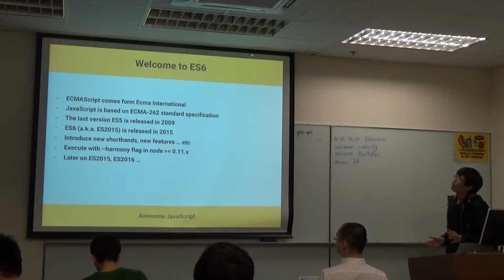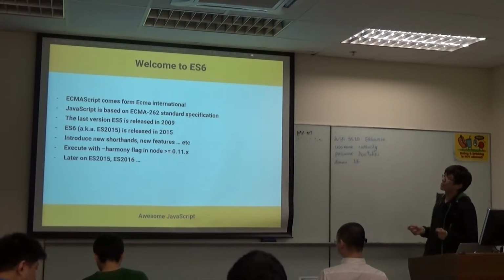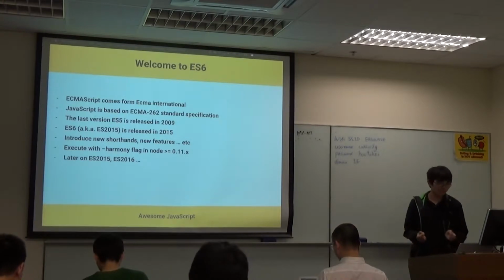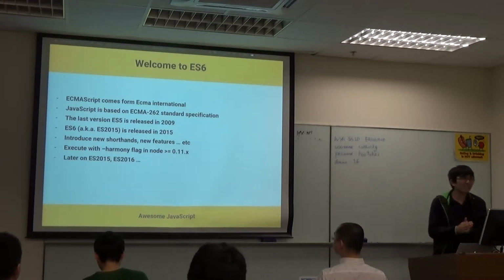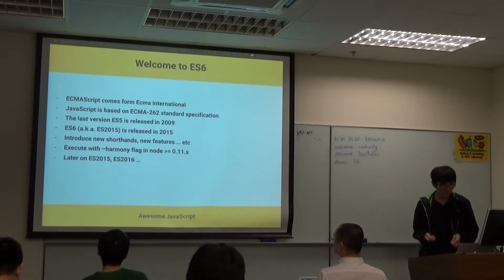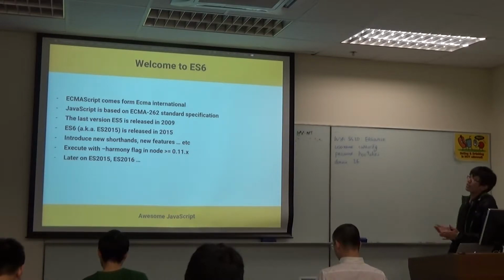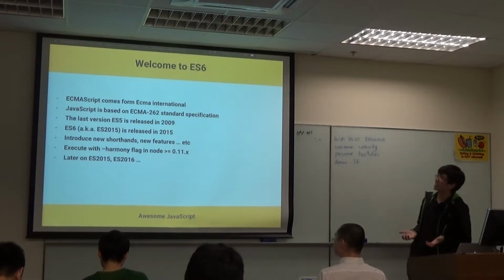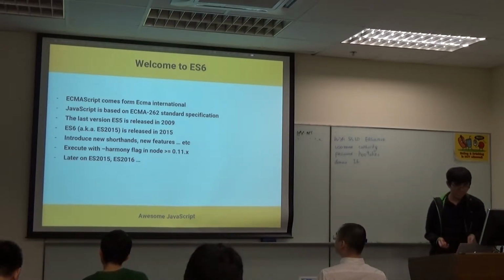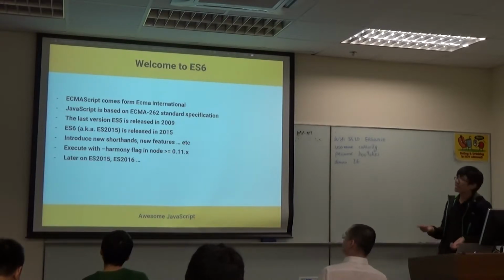Why is it called ES6? Because it comes from an industry association called Ecma International, which is dedicated to the standardization of information and communication technology. JavaScript is based on the ECMA-262 standard specification, and ES6 was released officially this year and named ES2015.